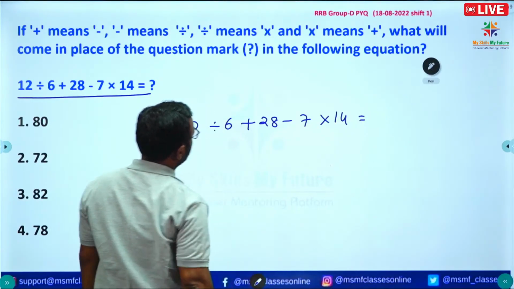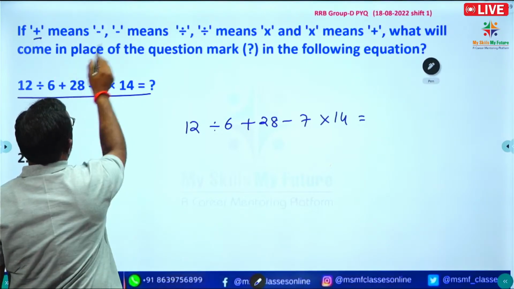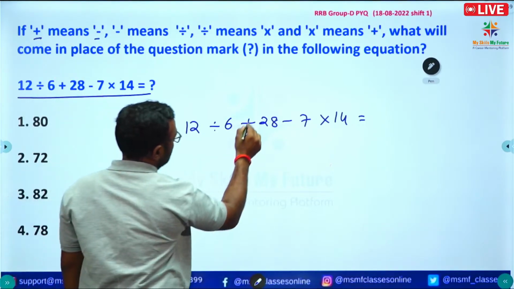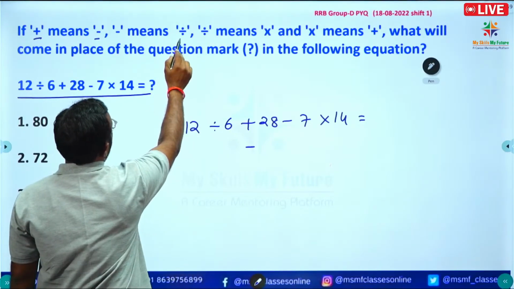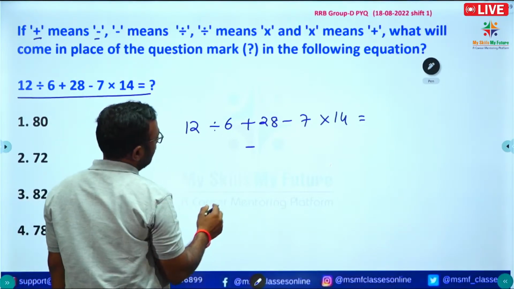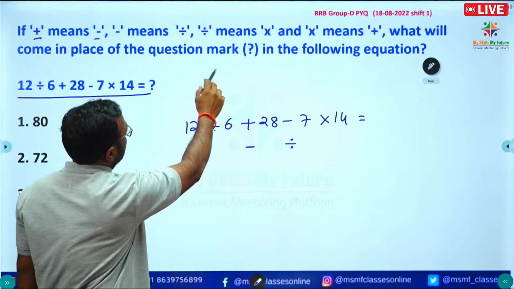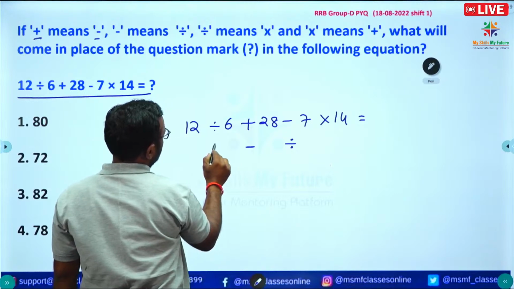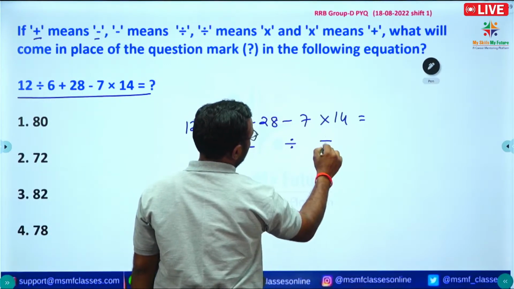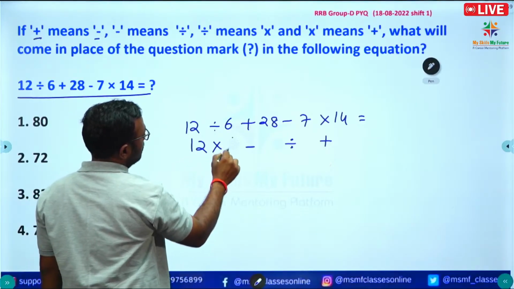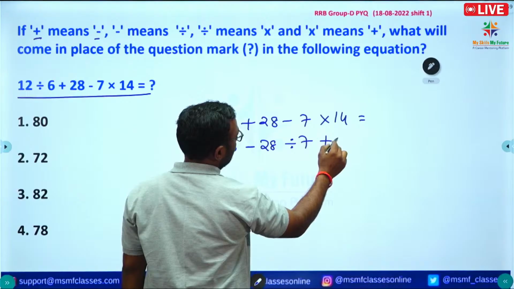We need to change these symbols. Plus means minus, minus means divided, divided means multiplication, multiplication means addition. So 12 into 6 minus 28 divided by 7 plus 14.